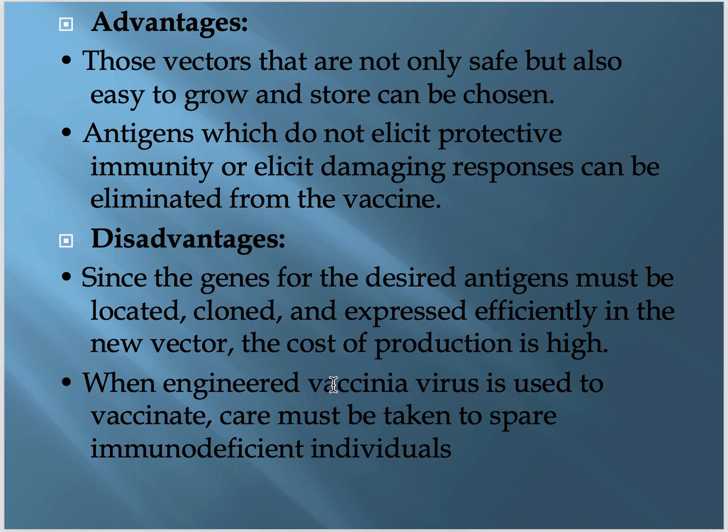Although this vaccinia virus, which we are using as a carrier, should be safe for healthy persons, immunodeficient persons can be at risk if we use vaccinia. So if you produce an engineered vaccine using vaccinia virus, you have to be careful with immunodeficient individuals. So that's all for this part.